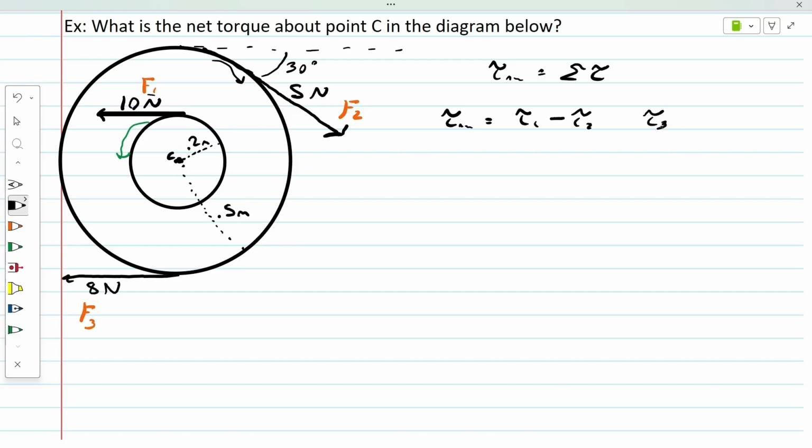So then our torque 3, which is on the same outer circle, also going clockwise, because it's on the bottom going to the left, it'll also need to be subtracted. And so now that we have our correct directions, we can start plugging in what would be the torques. And so we know that we're going to have, let's just say radius 1, force 1, minus radius 2, force 2, minus radius 3, force 3.